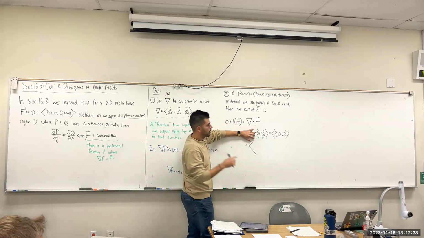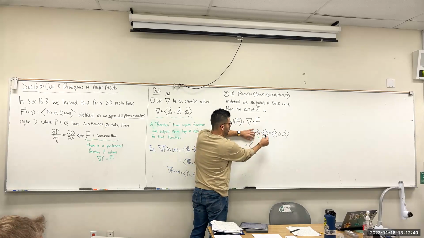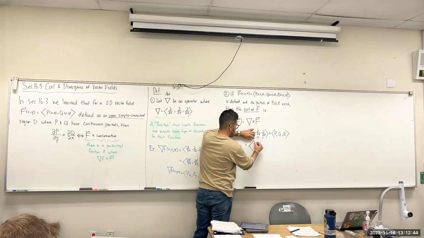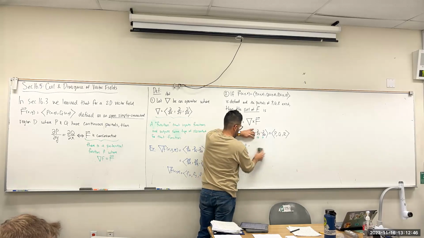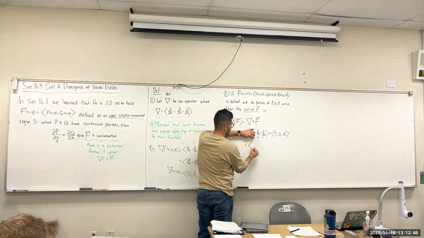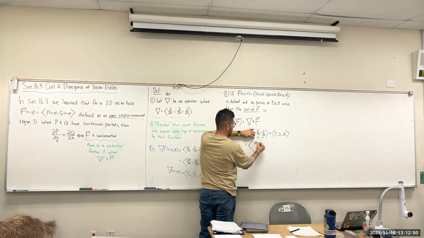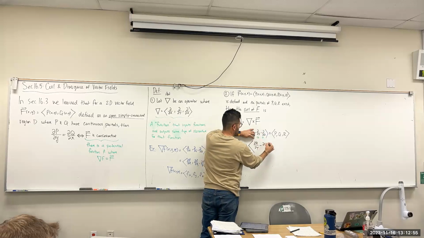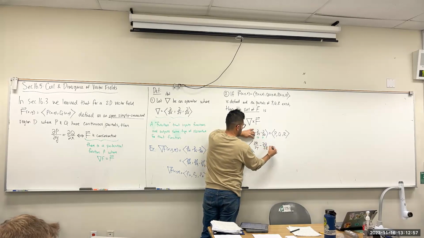But here the product really means this operator operating on R. So it's the partial of R with respect to Y minus the partial of Q with respect to Z.